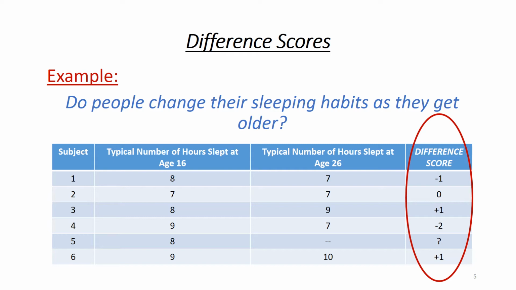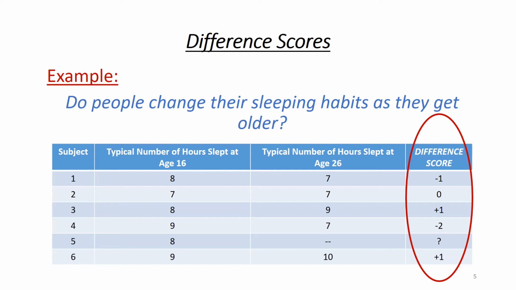So maybe they chose not to participate in the study anymore. Maybe they've moved. Maybe we're unable to get a hold of them. Maybe something else has happened to them. So we don't have the opportunity to have that second measurement. This is one of the tough things with the paired t-test because we need to have complete pairs in order to conduct our study.